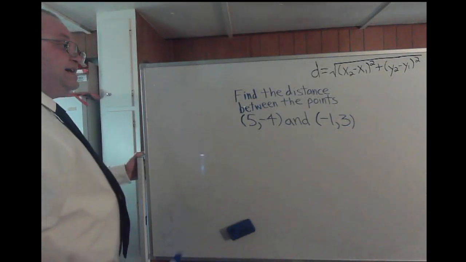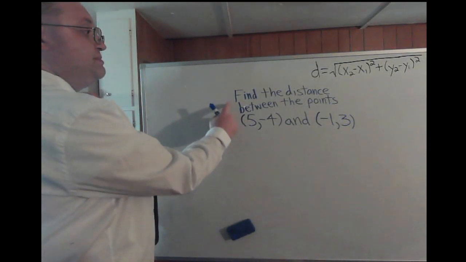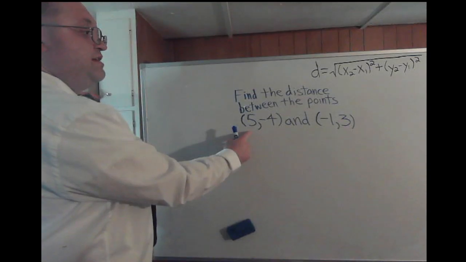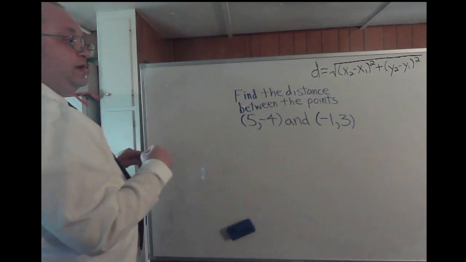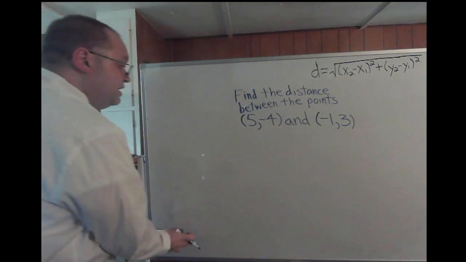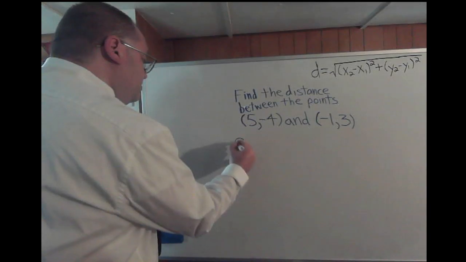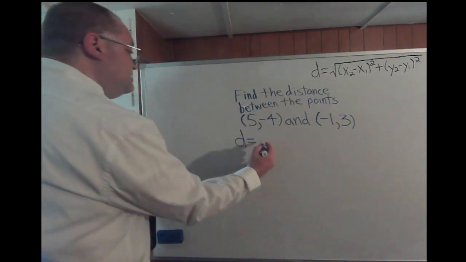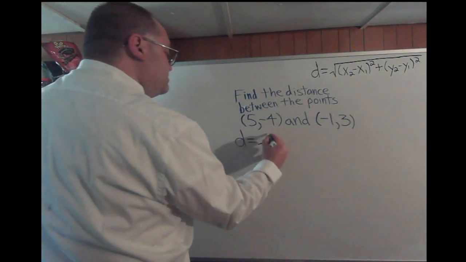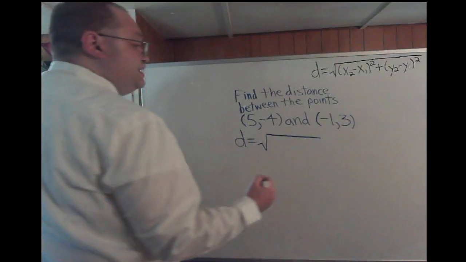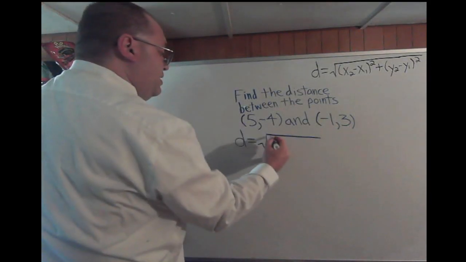So we are tasked here with finding the distance between the points 5, -4 and -1, 3. Well, let's set it up here. So the distance is equal to, always start with the square root. The x2 will make -1 our x2.